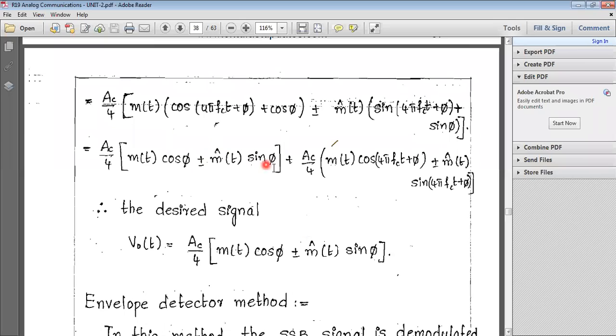Now you write the cos phi and sin phi terms on one side.